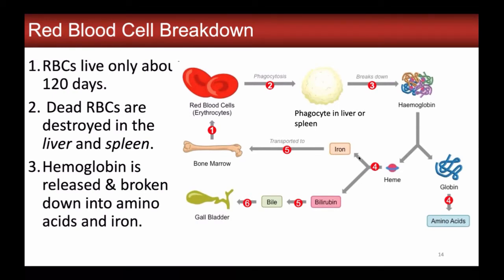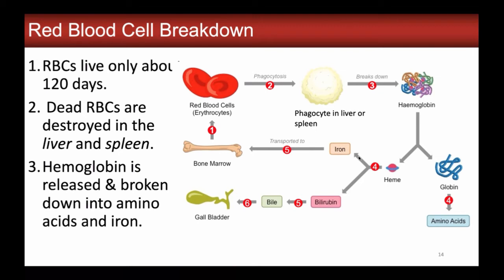So they will phagocytose them, and then they reuse a lot of the components they find in the red blood cells, but they also break hemoglobin down into the globin chains, which are broken down into amino acids and then used by the body. And then the heme group.